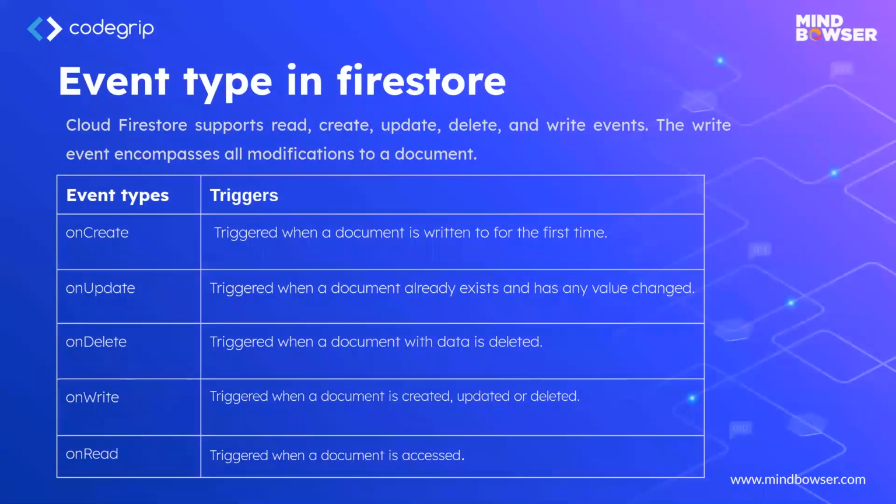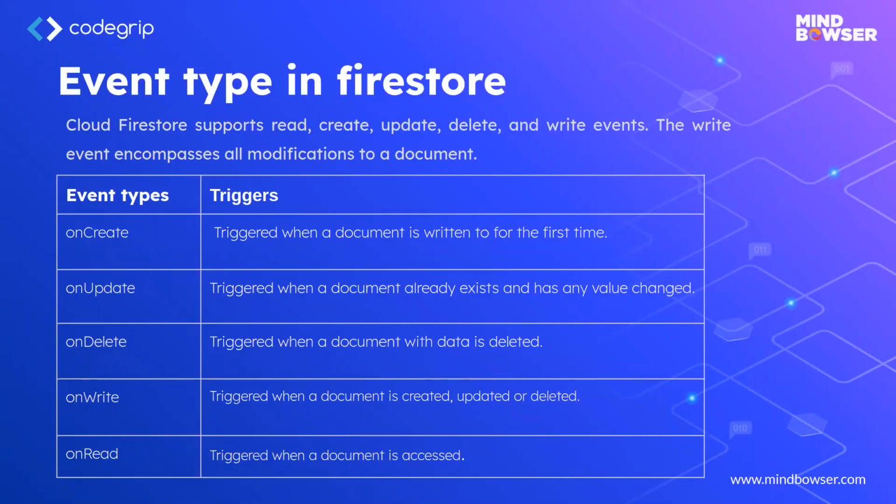So lastly comes the event types in Firestore. Event types are triggered when some modification or accessing is done in Firestore. Mainly there are 4 or 5 types of events in Firestore. First is onCreate. This will trigger when a document is written or created for the first time.